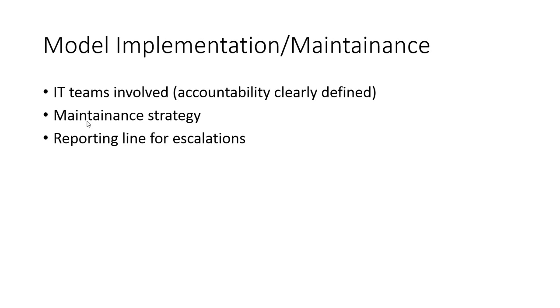Maintenance strategy. Post production, the model should be well maintained and should be maintained on a regular basis. So there should be a clear maintenance strategy, very well defined, so that on a monthly basis, quarterly basis, or weekly basis, or some periodic basis, maintenance activities should happen. Reporting line in case of escalations, that's important, because something can go wrong while somebody is doing the maintenance activities.